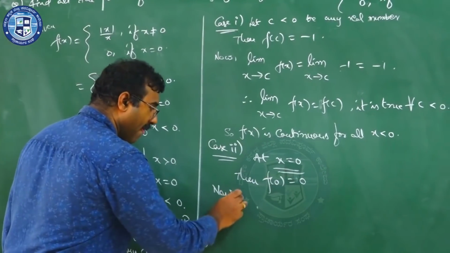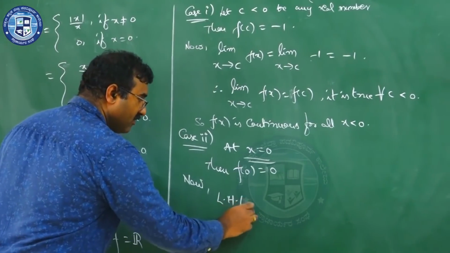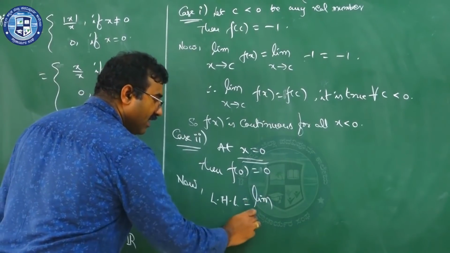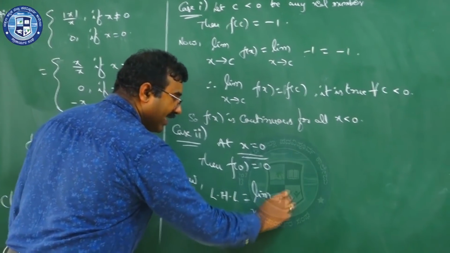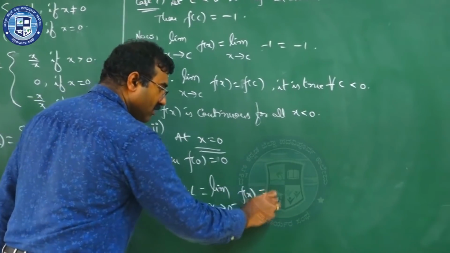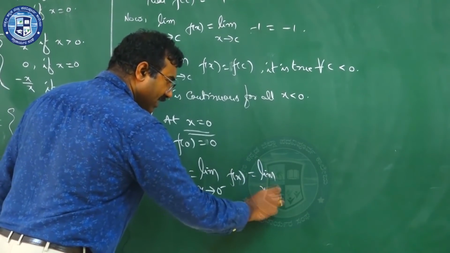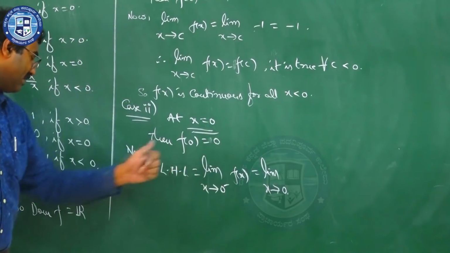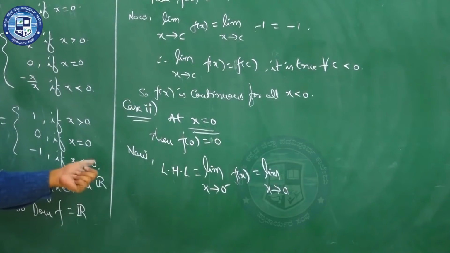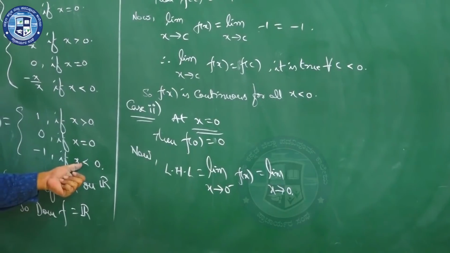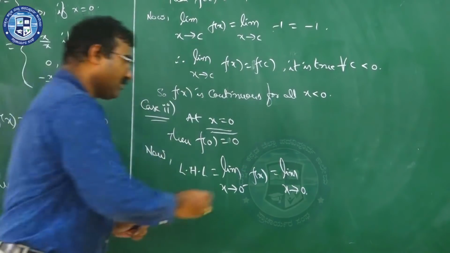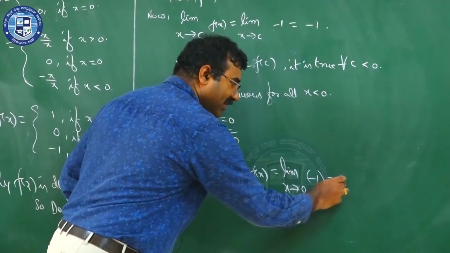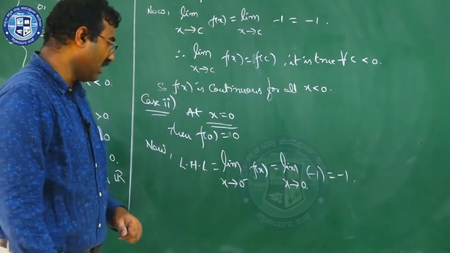Now, LHL: limit x tends to 0 minus of f(x). Approaching 0 from the left means x is less than 0, and the function is minus 1. Limit of a constant is the constant, minus 1.